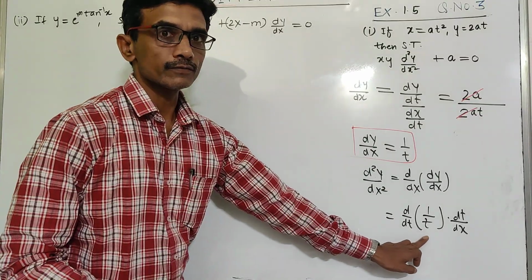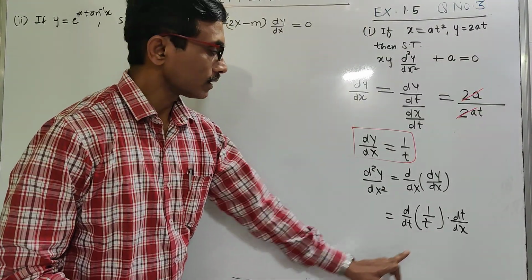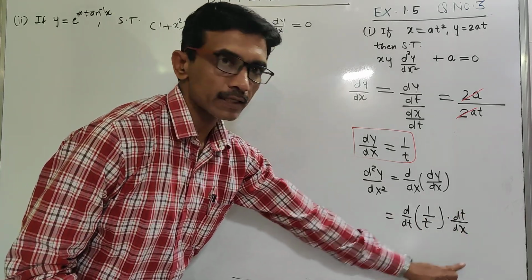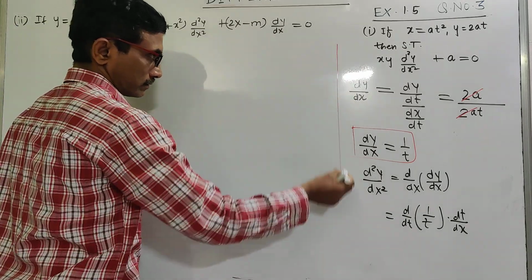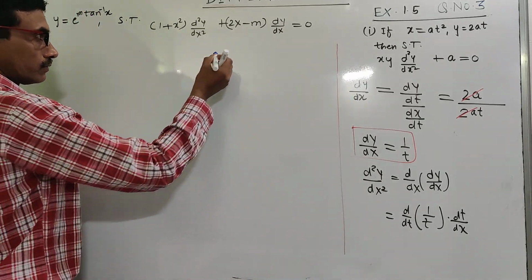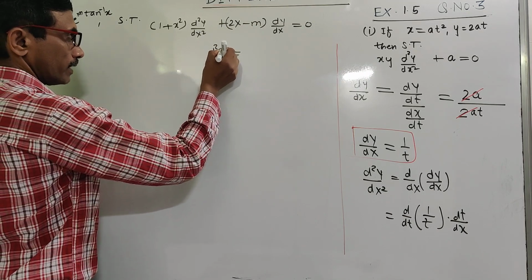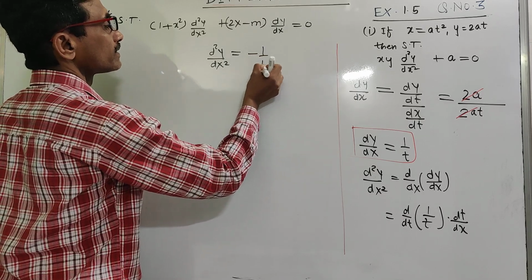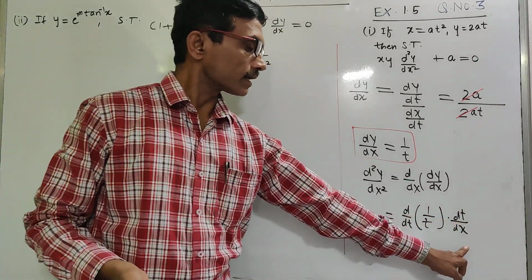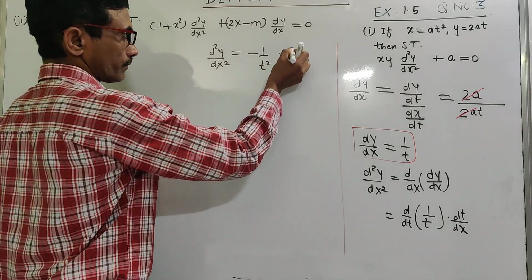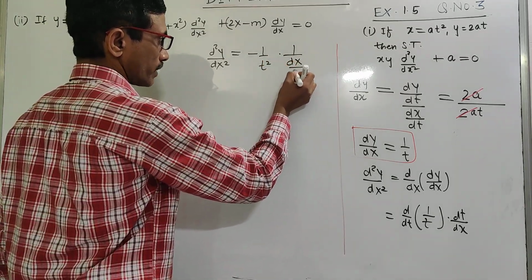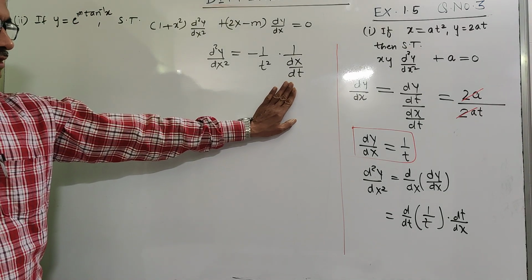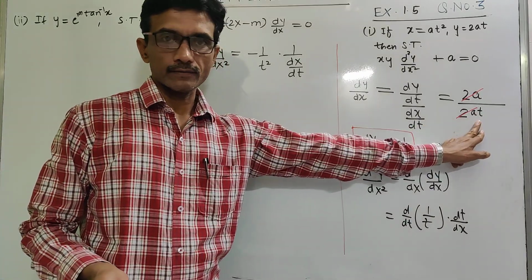Now d by dt of 1 upon t is equal to minus 1 upon t square, and dt by dx we will write as 1 upon dx by dt. So d square y by dx square is equal to minus 1 upon t square into 1 upon dx by dt. And dx by dt is 2at.